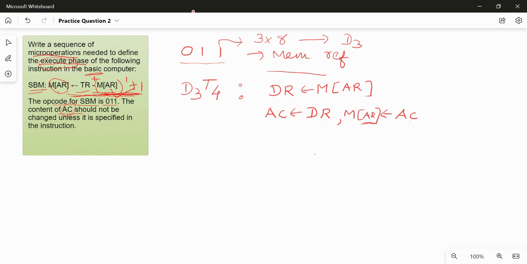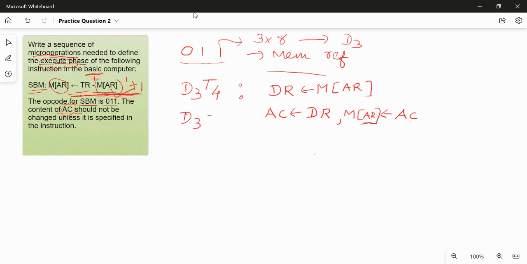So there is no resource conflict. If both the operations are using the bus or if both are using the adder and logic circuit, then there will be a problem, and in such cases simultaneous execution is not possible. So here there is no conflict, so this can be done.